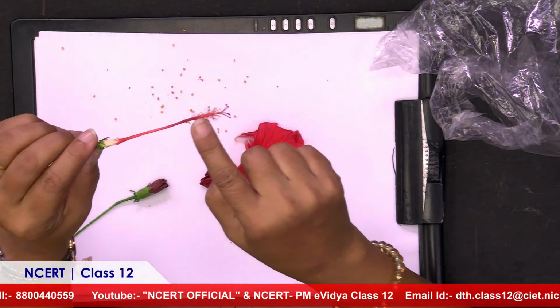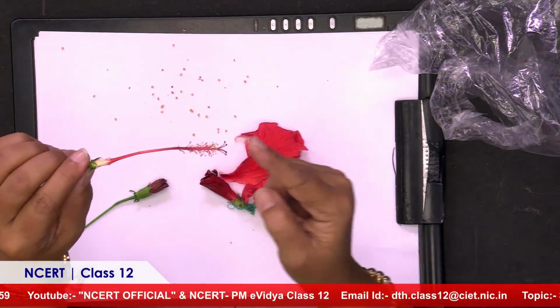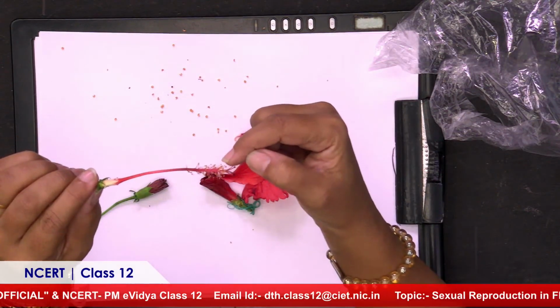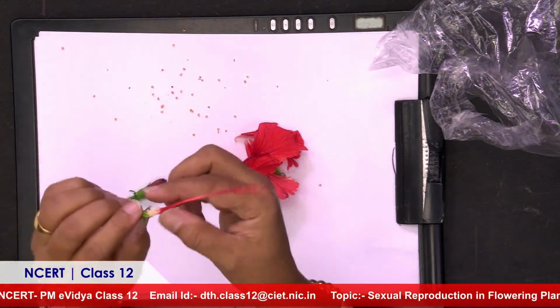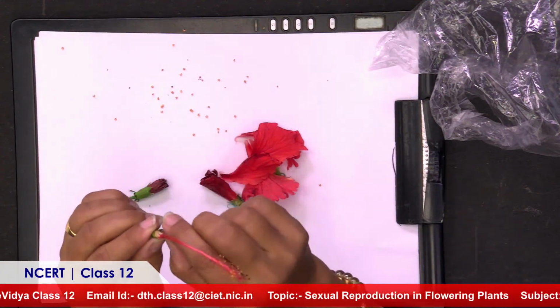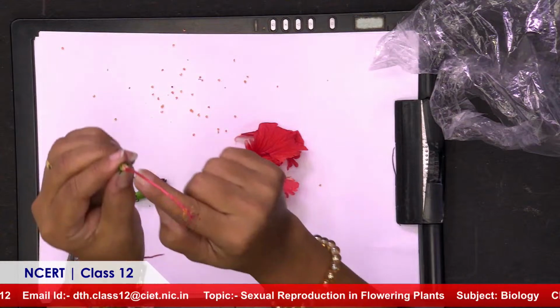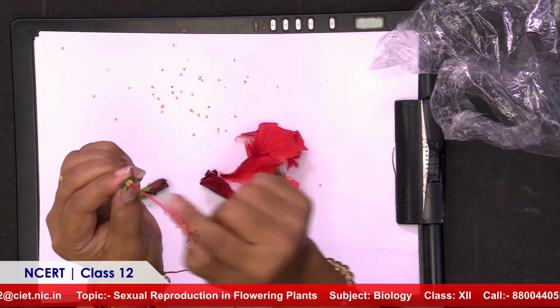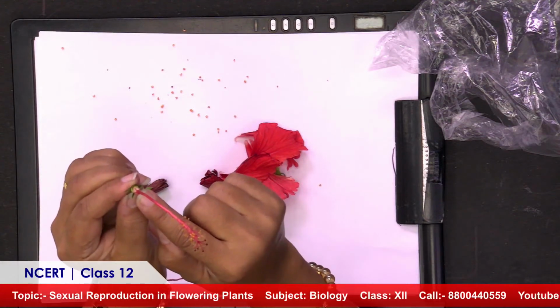This is the style. Inside it there is style, stigma, and here somewhere is the ovary. These yellow parts are the anthers and the filament. So if I use a forceps and just open it, I can easily find that there is a basal swollen area which is the ovary. Inside the ovary there is an ovule.